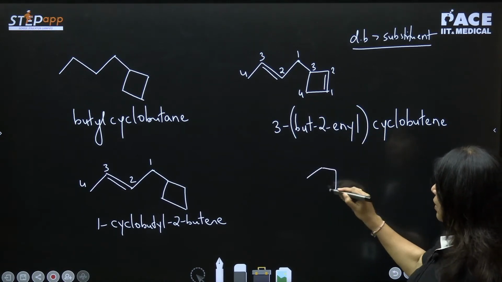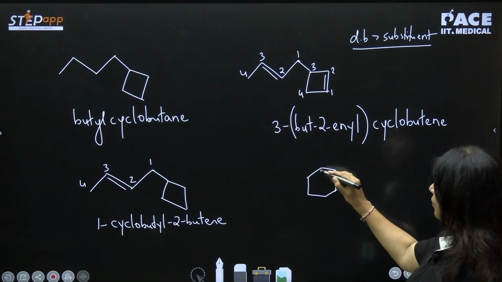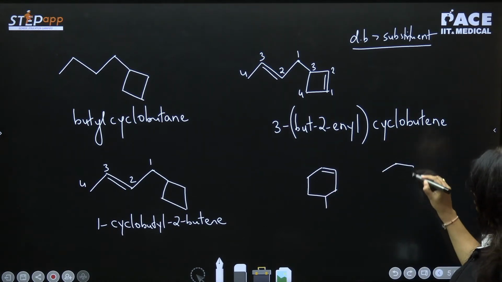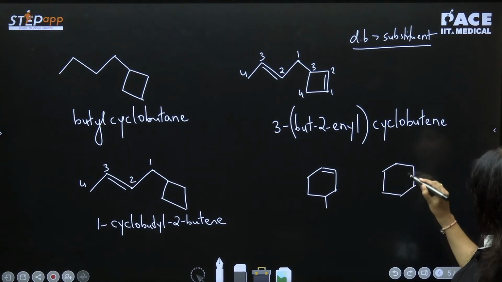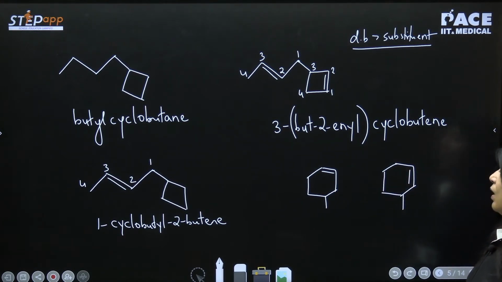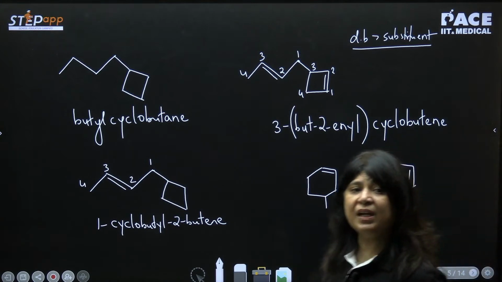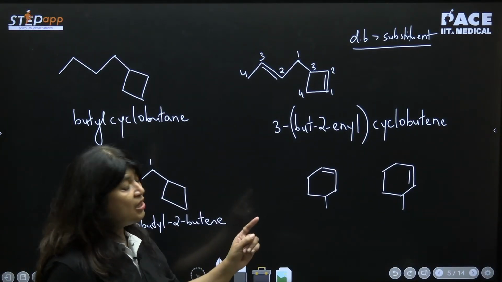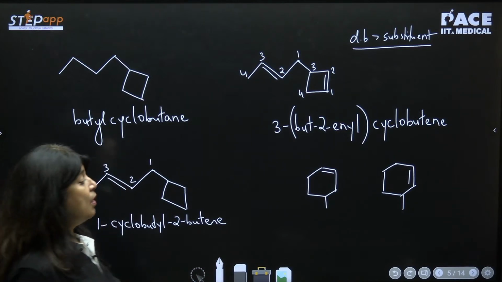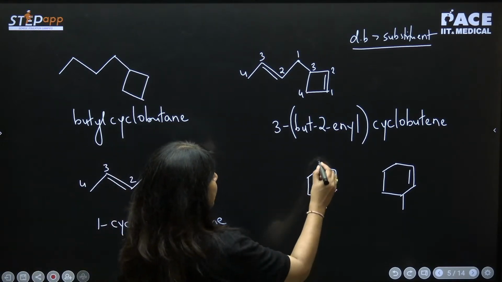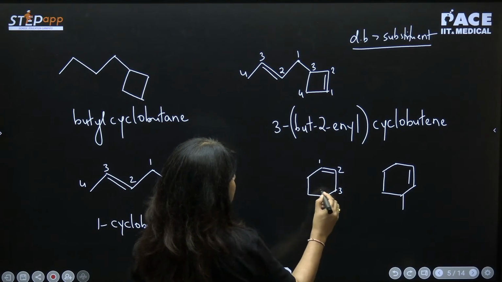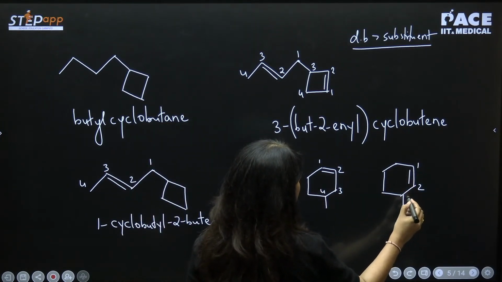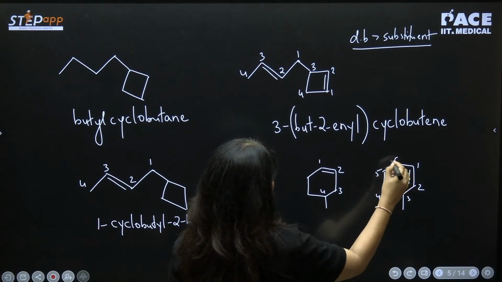Supposing I have this compound, and if I have this compound, it appears that I have changed the position of the double bond, but it is actually not. It has changed the position of the substituent, because the double bond is always going to get position 1. So here the substituent position is 4 and here the substituent position is 3.